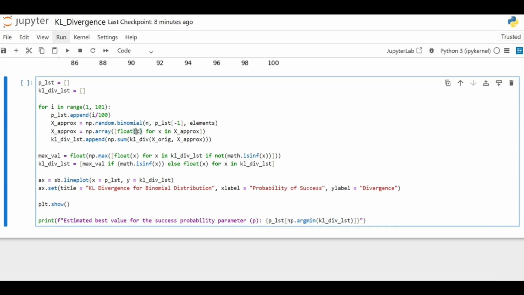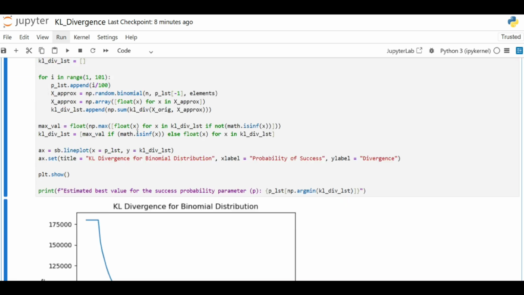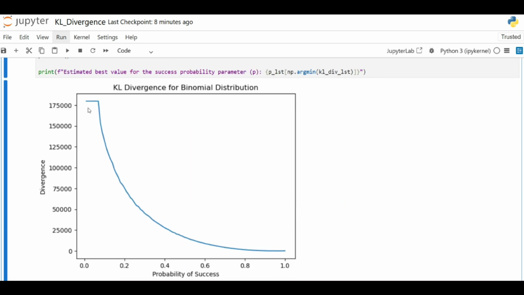So if I run this, what we do see is this KL divergence curve, which is coming down. It continues to come down with incremental values of the probabilities of success, which is the probability of heads here, and it flatlines around 0.8 to 1. So the real answer has to be somewhere in between.